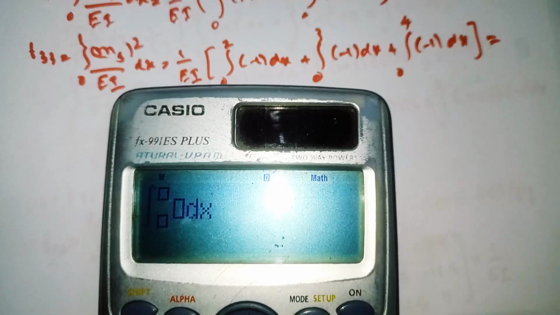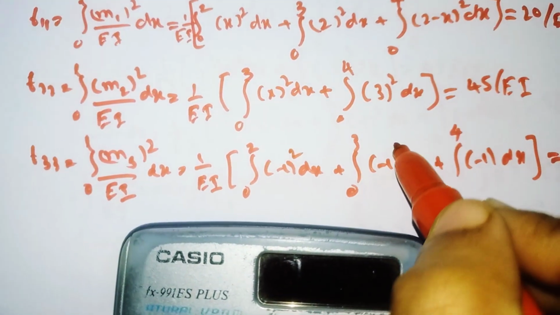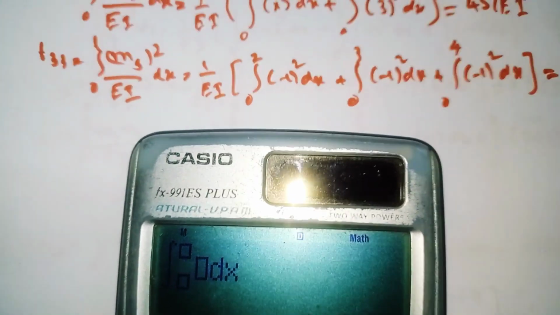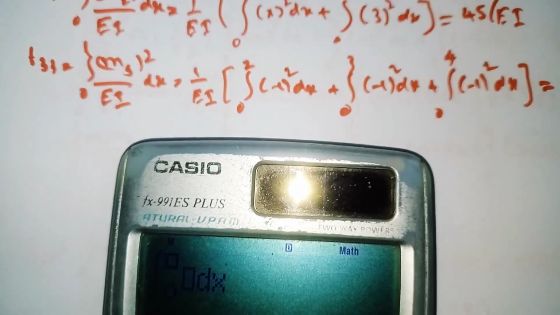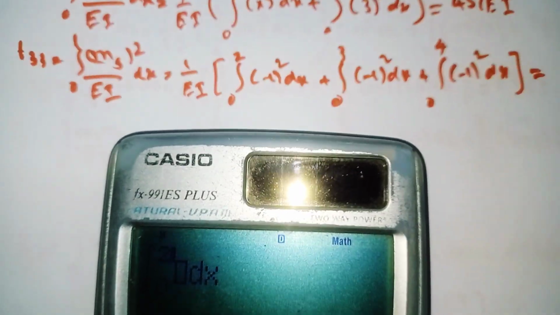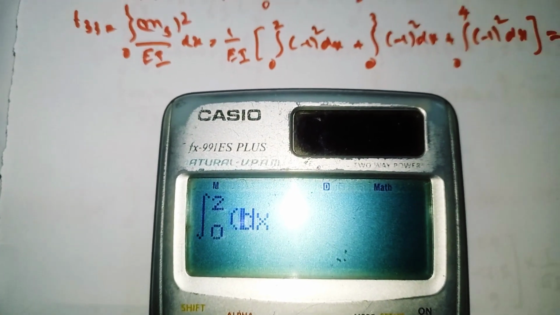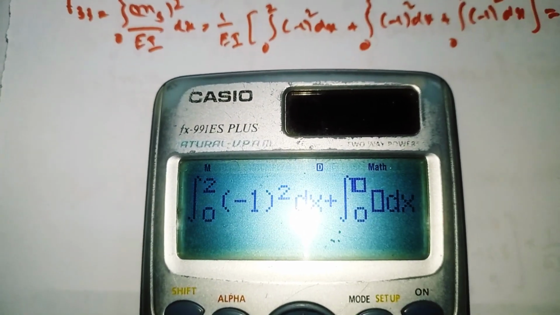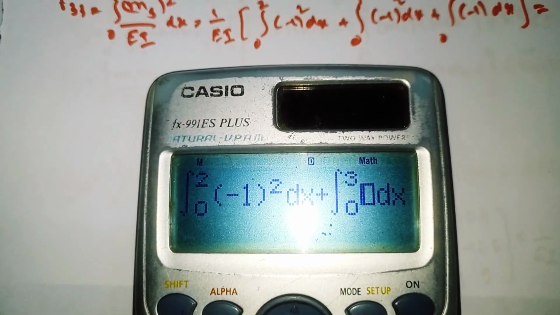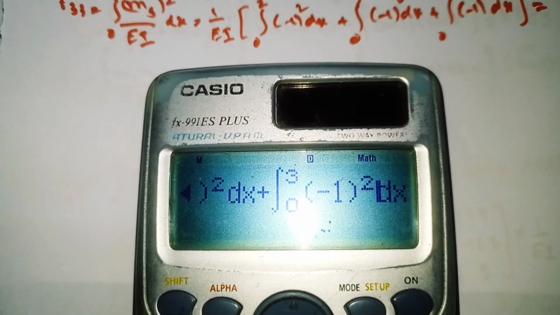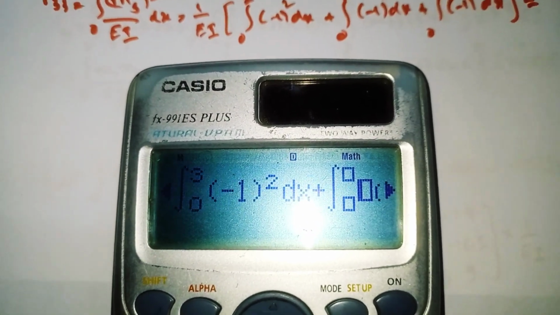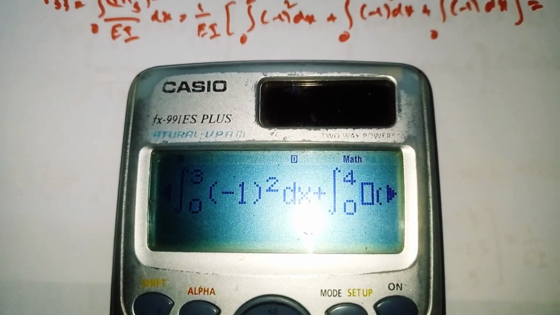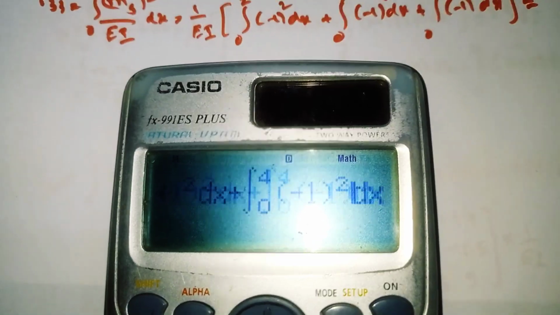See here, we forgot to put the square here, so give the square. Now solve it. Integration of 0 to 2, -1 square, plus integration of 0 to 3, -1 square, plus integration of 0 to 4, -1 square.